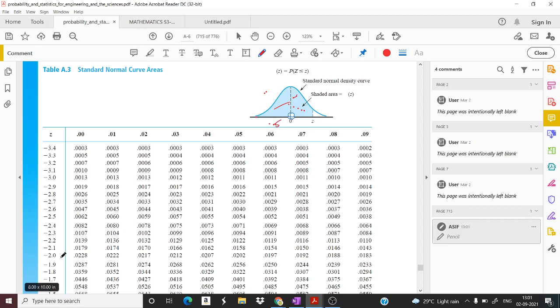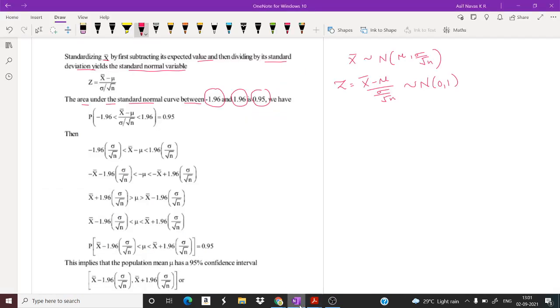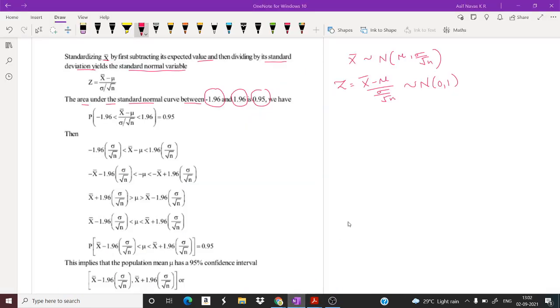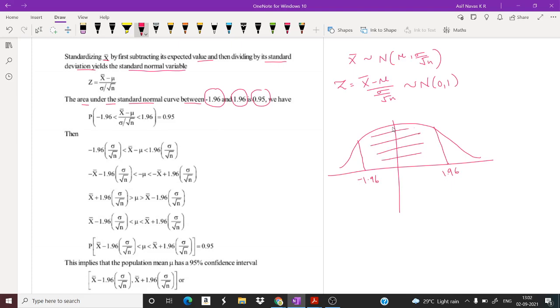So if I take minus 1.96 here and 1.96 here, I will draw the normal distribution, and this area, this probability, is 0.95 total.